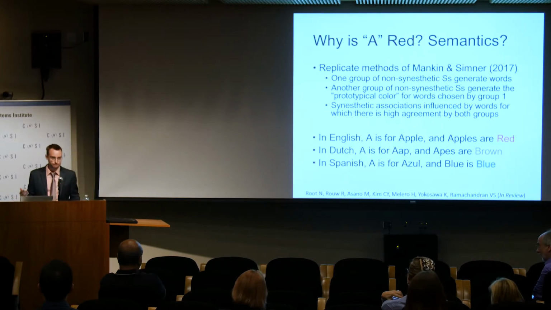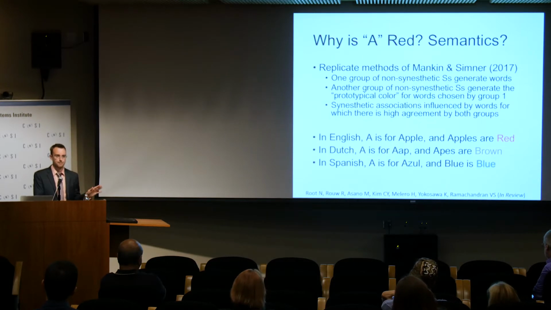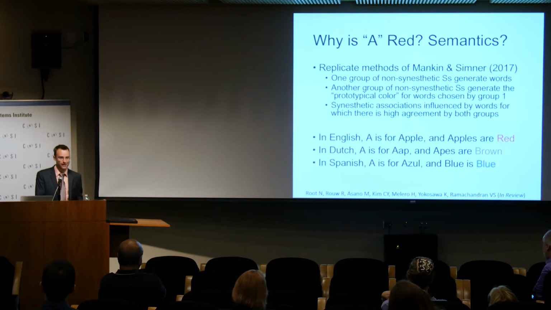In Dutch, instead you see A is for ape, and apes are brown. The word for apple also starts with A in Dutch, but actually Dutch people are split between red and green. And then in Spanish, apple is manzana, so that's not even there. A is for azul, and, well, blue is blue, right?